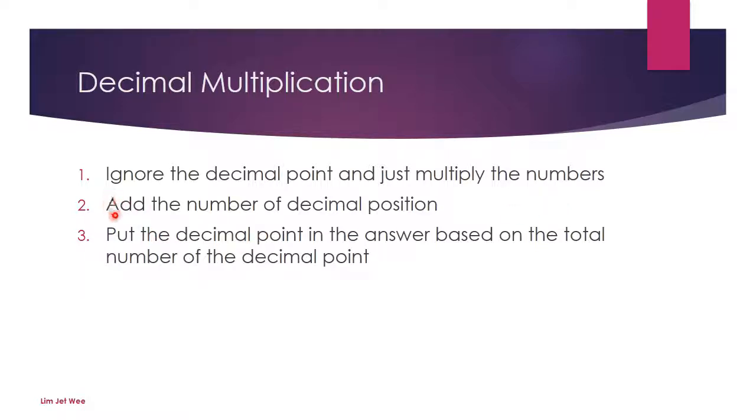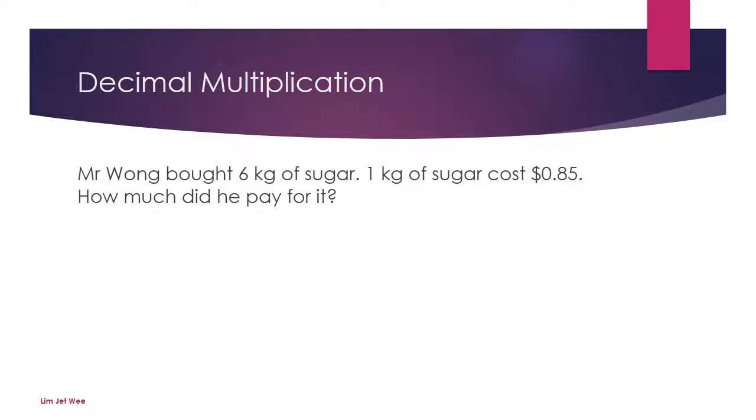After you have gotten the answer, add up the number of decimal positions in the equation. Then lastly, put the decimal point in the answer based on the total number of decimal positions. Now it sounds a little bit difficult, but it's not really that difficult. Let's use an example to help us understand the steps.